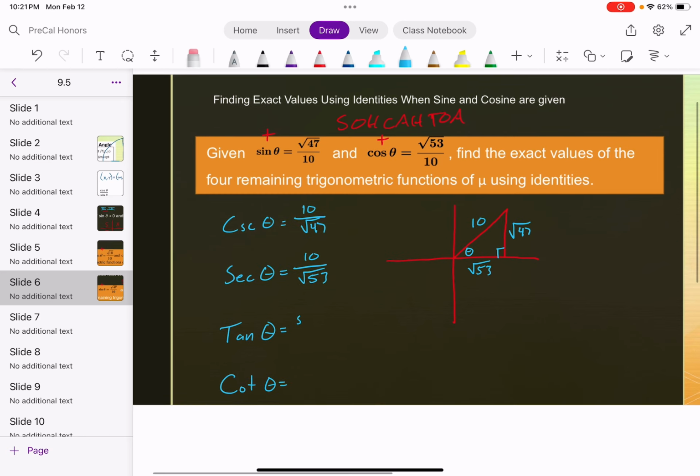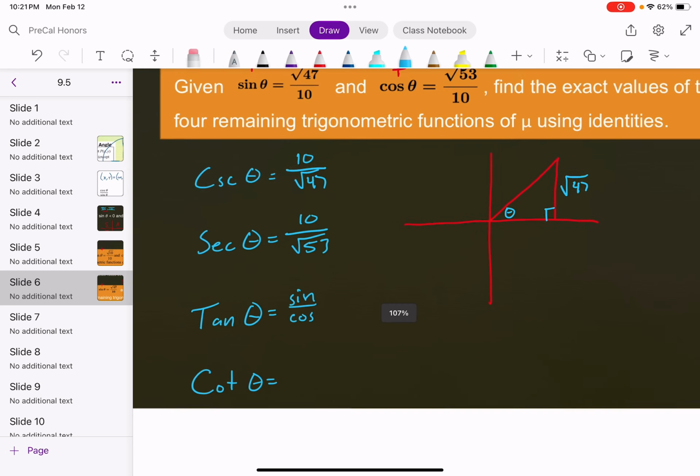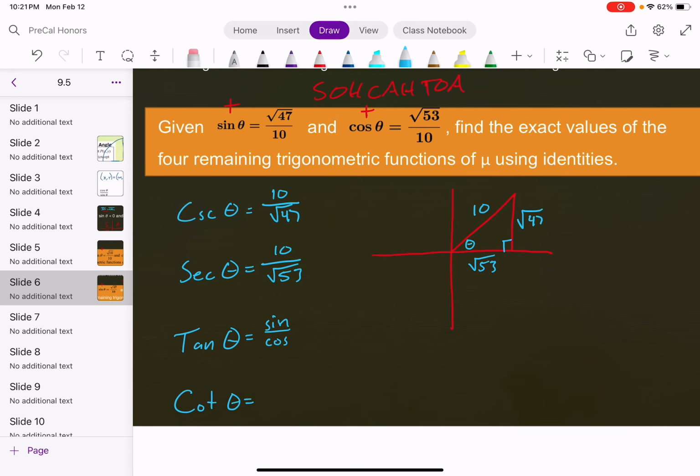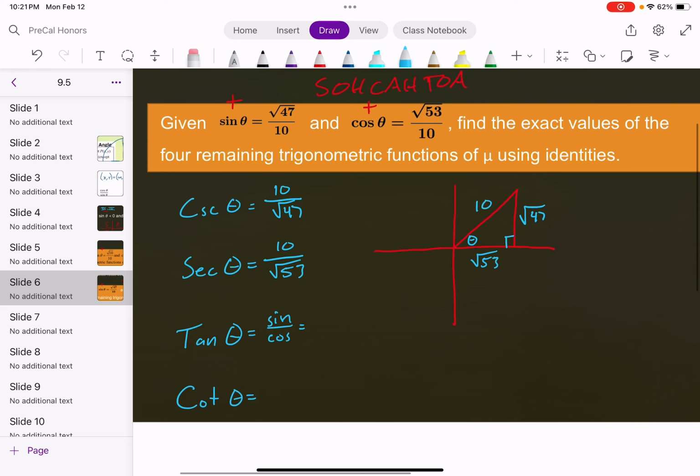Tangent is sine over cosine. Now, when we divide this out, sine divided by cosine will actually end up being the square root of 47 over 10 times 10 over the square root of 53.